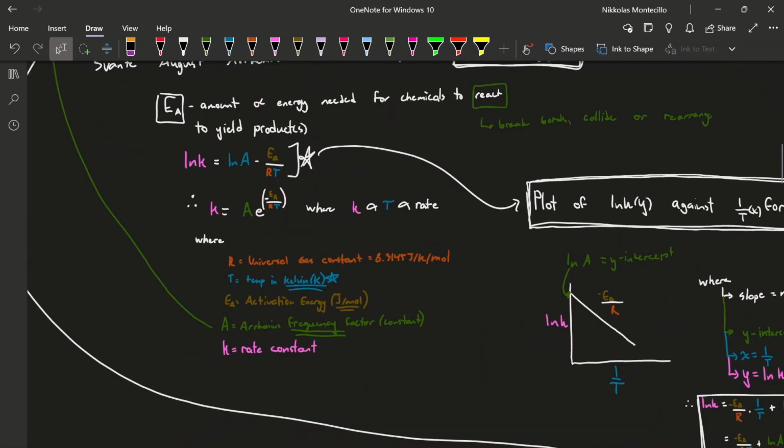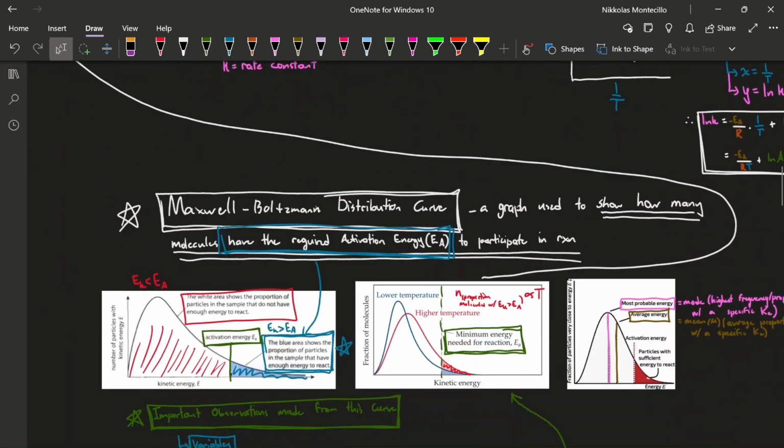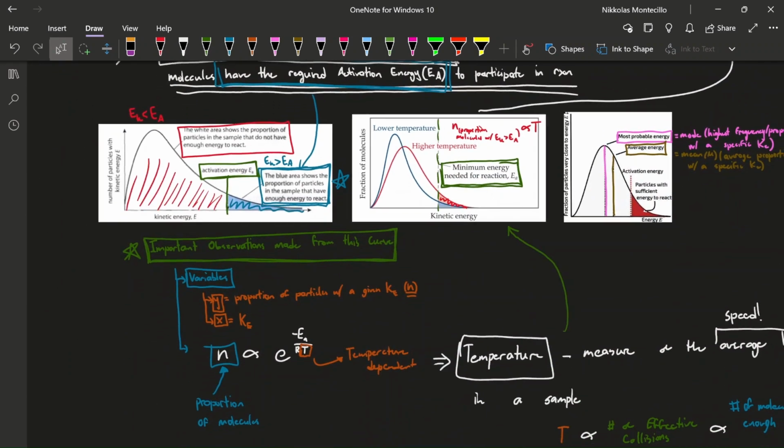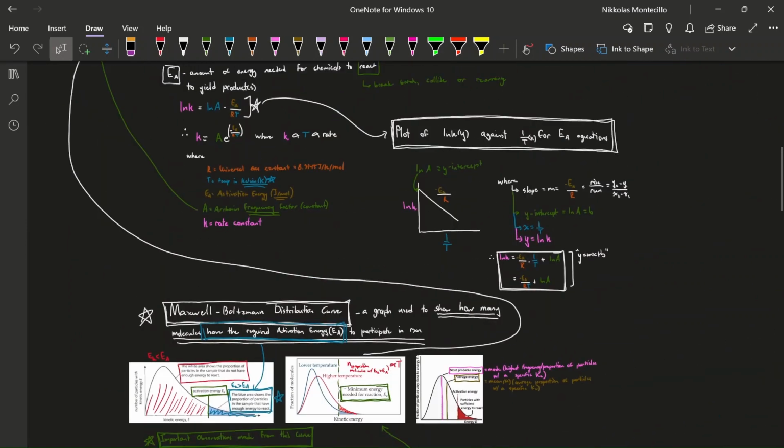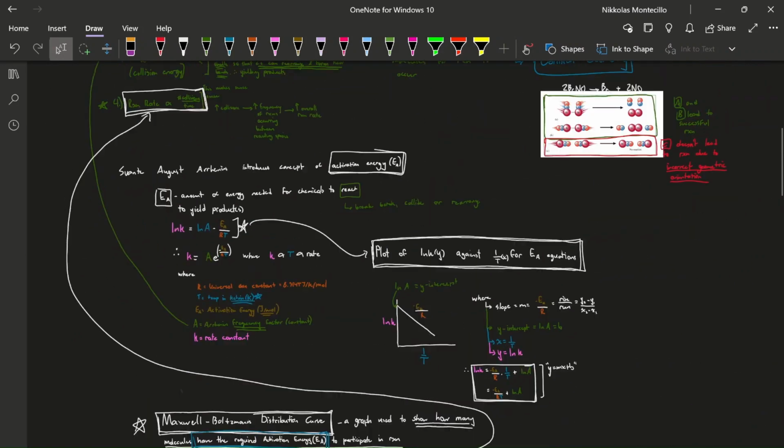So with higher temperature, we can infer that there will be higher reaction rates. So that's essentially the importance of this distribution curve.